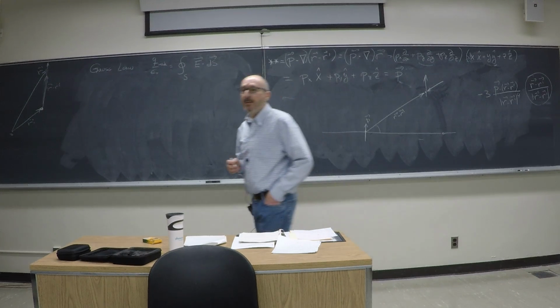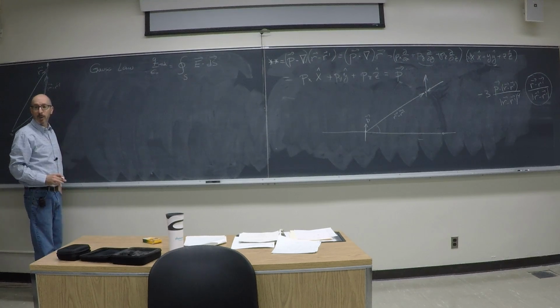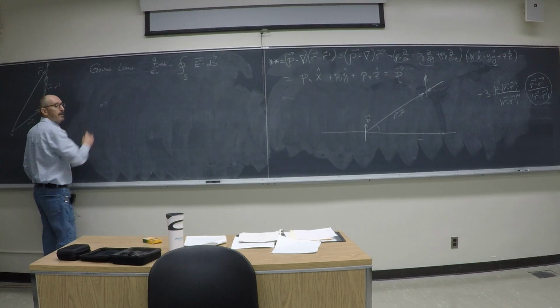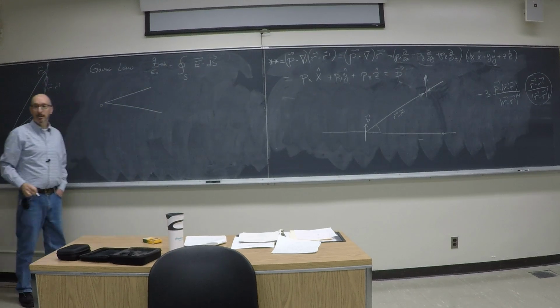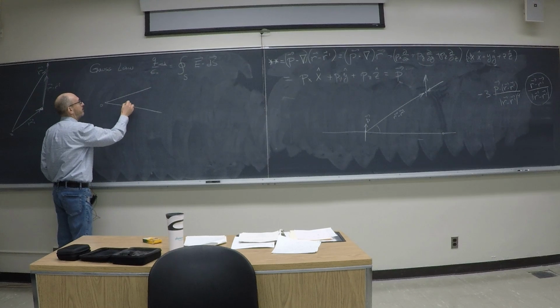Let's suppose that I have a point. Let's consider a planar problem first. I have a point in the plane, and then I have two lines that pass through that point.